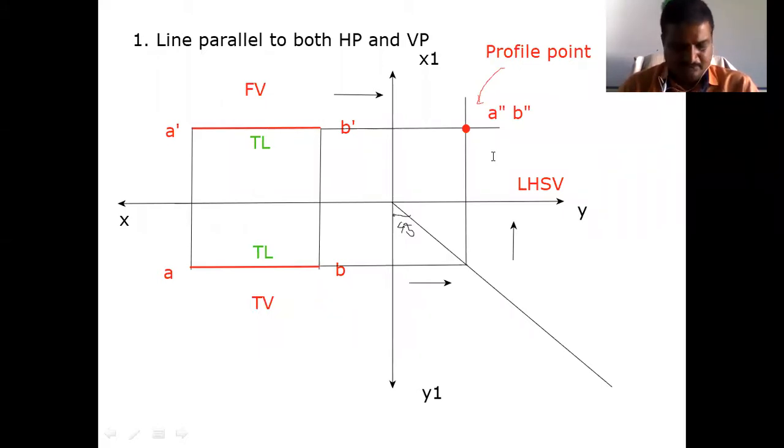So write down. Note. TL is equal to true length or actual length.